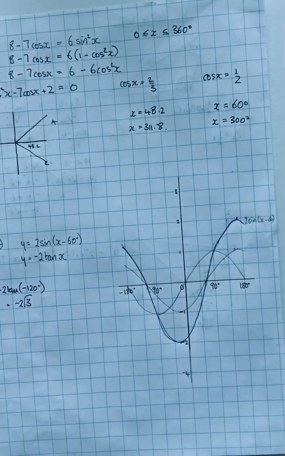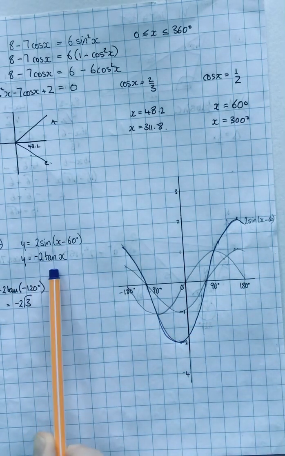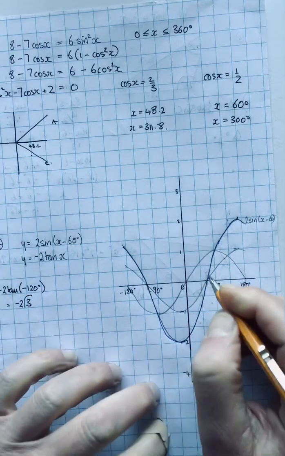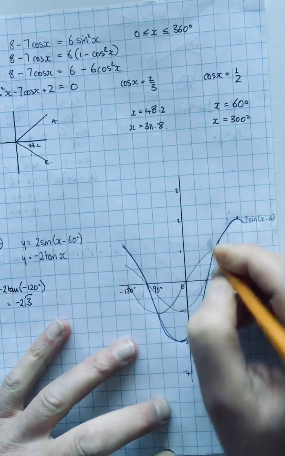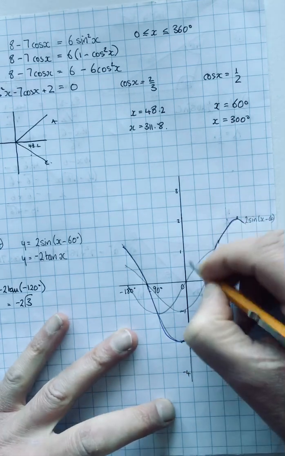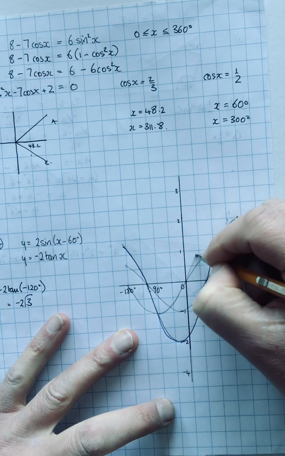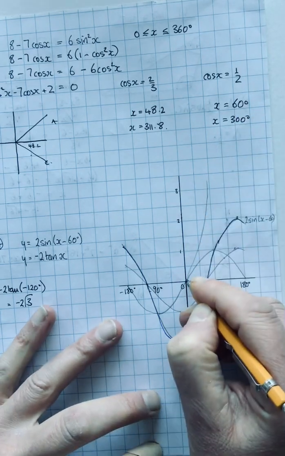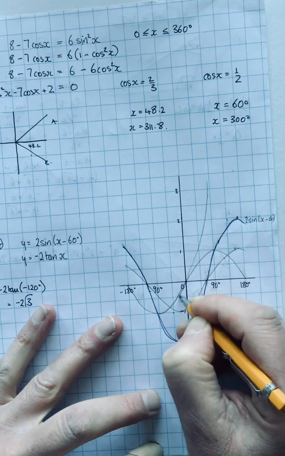Oops. All right. Minus 2 tan x. Let's do tan very quickly. Tan of 45 is 1, so it goes through there. And it never gets to 90, so it's going to go through there.